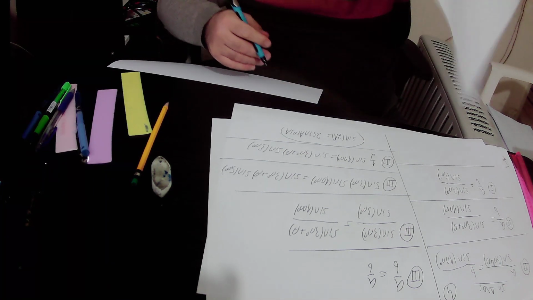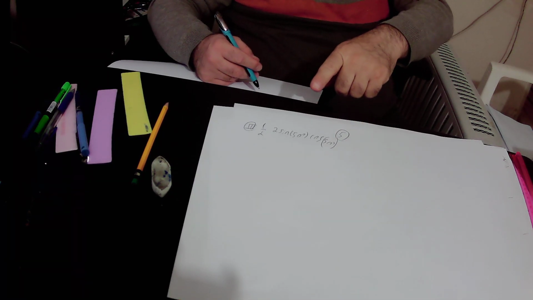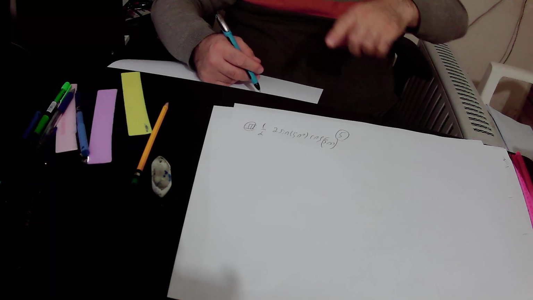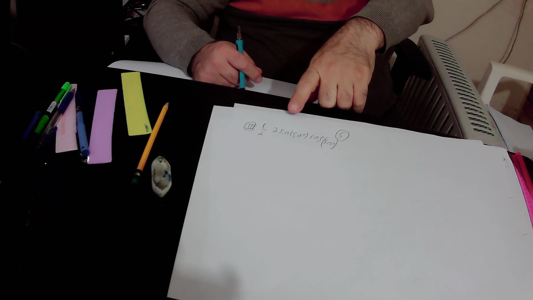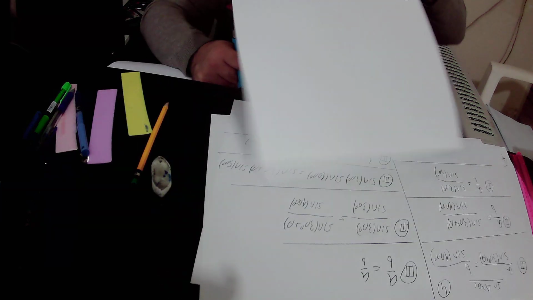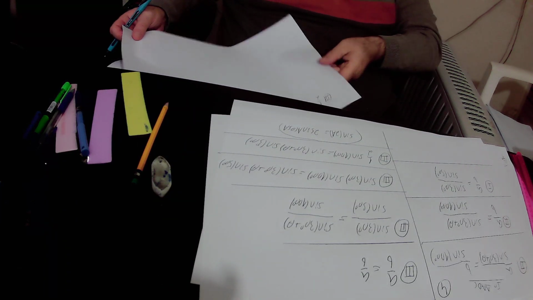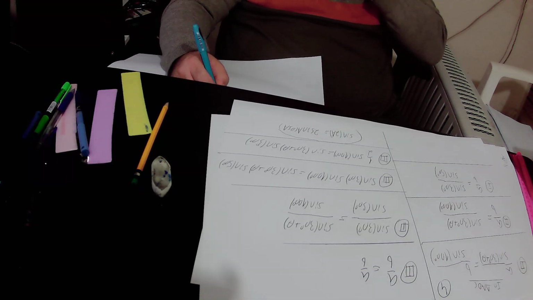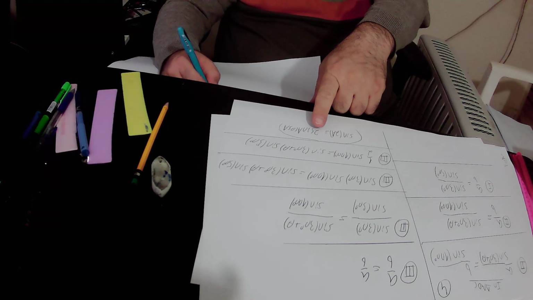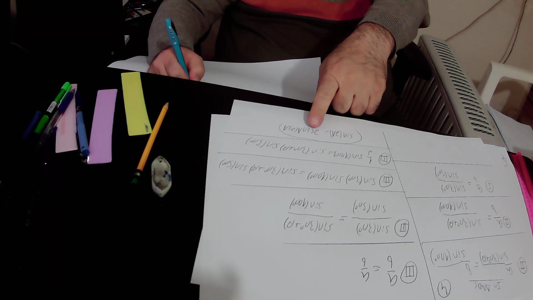I repeat again. According to the trigonometric identity that sine 2a equals 2 sine a cosine a, we will get that sine 100 degrees equals 2 sine 50 degrees cosine 50 degrees. And it will be equal to sine 30 degrees plus theta times sine 50 degrees.